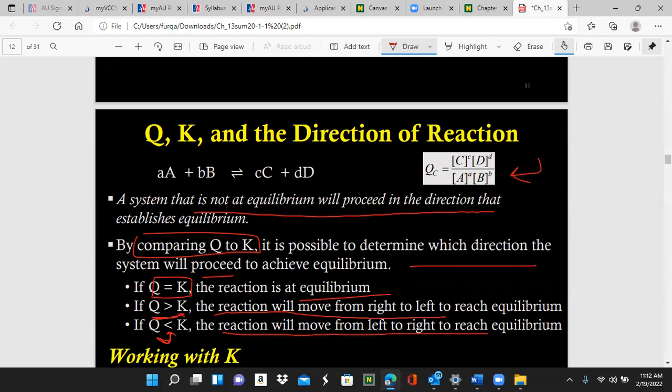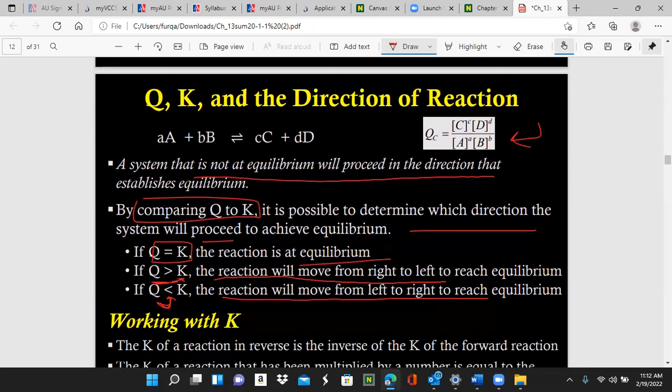Q less than K is reactant heavy. Q larger than K is product heavy. So if it's product heavy, it's going to move towards the reactant side, which is right to left. And if it is reactant heavy, it's going to proceed in the forward direction, and that's going to be from left to right.